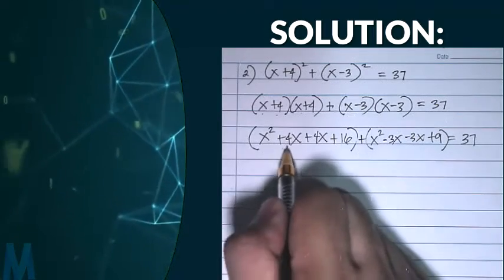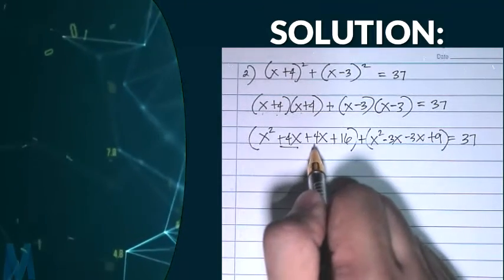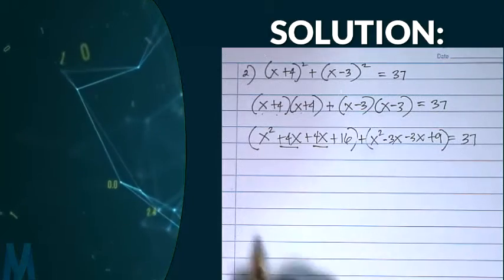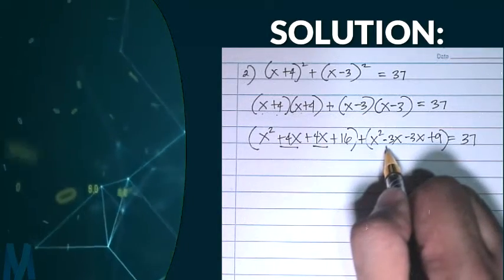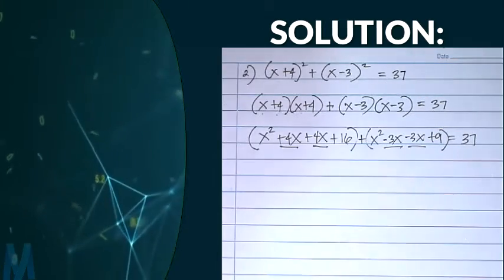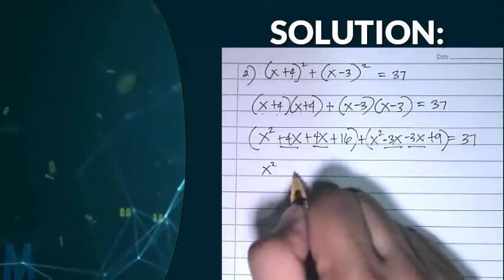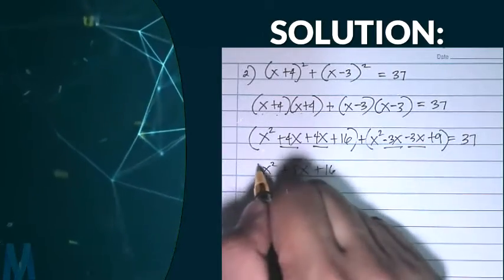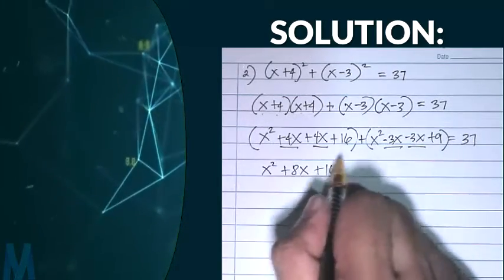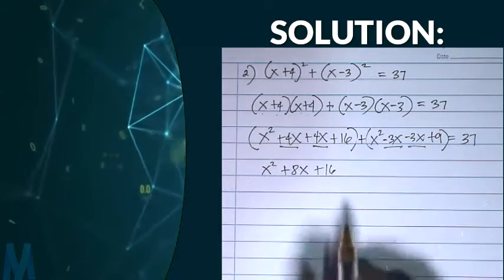Then we're going to combine similar terms. We have here, inside the parenthesis first, this one. So you have x squared plus 8x plus 16. So we can now remove the parenthesis.